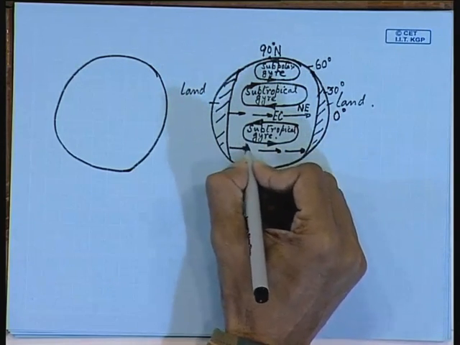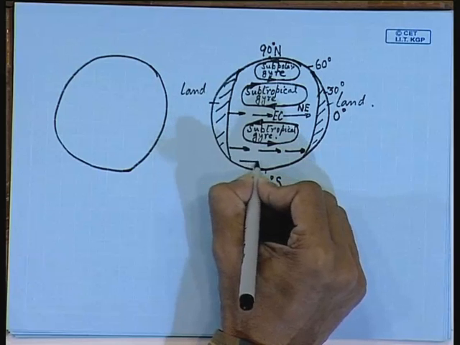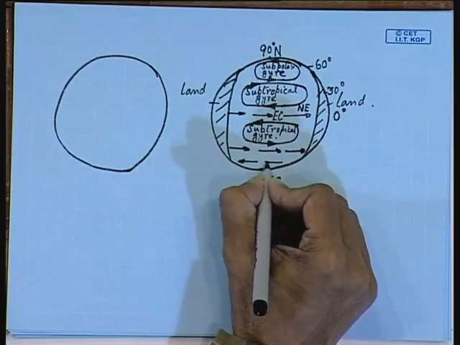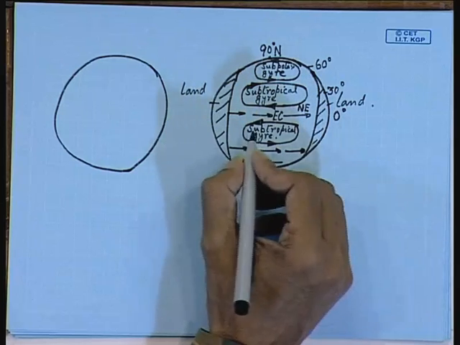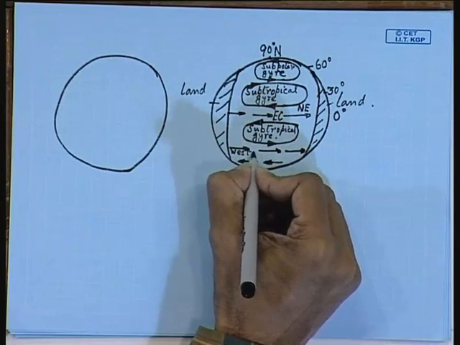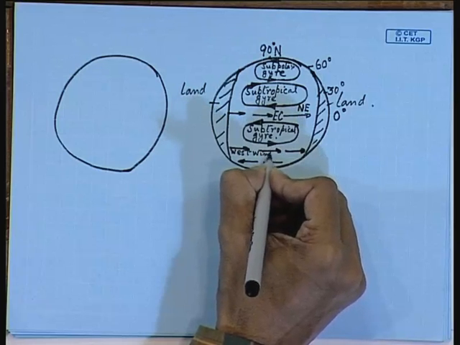So this is called, since it is coming from the west, west wind drift. This is called west wind drift.